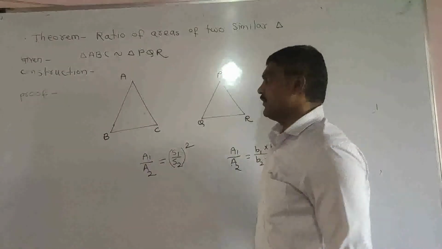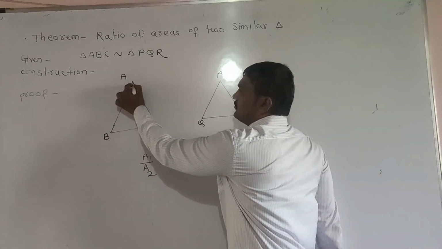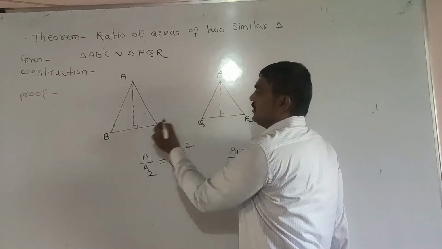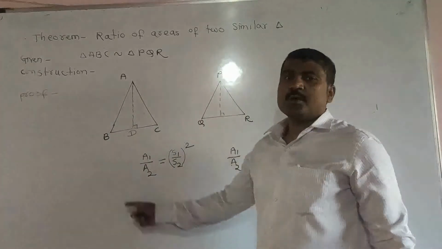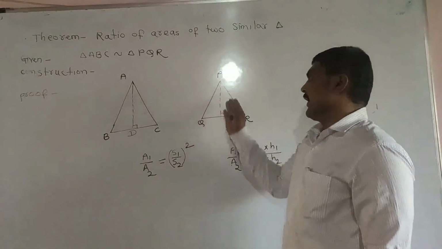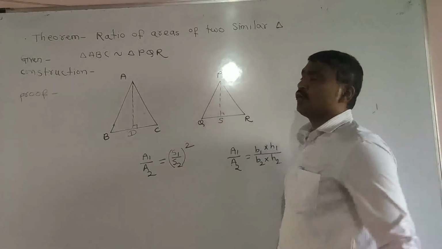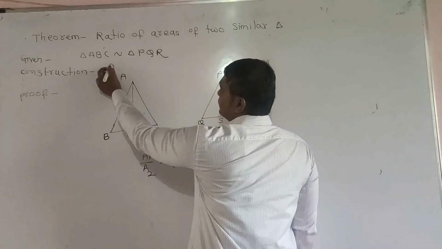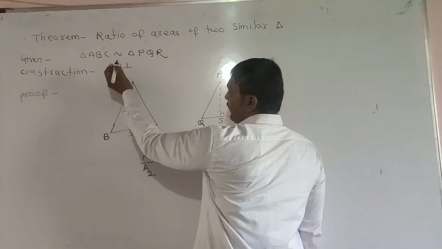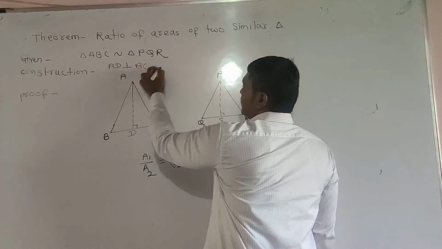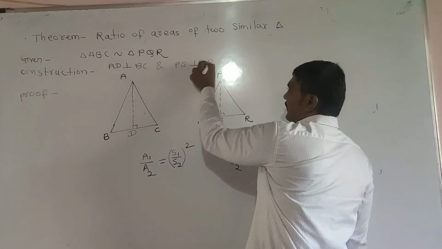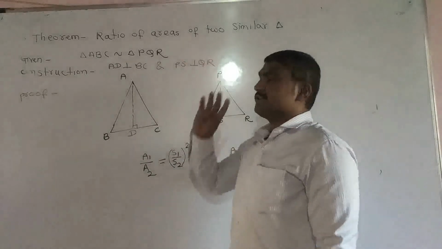So in the given theorem I am drawing the perpendicular. So this is the construction. Suppose AD is perpendicular to BC and PS is perpendicular to QR. This is the construction. So we can write this in the construction. What is the construction here? AD perpendicular to BC and PS is perpendicular to QR. Understood? This is the construction.